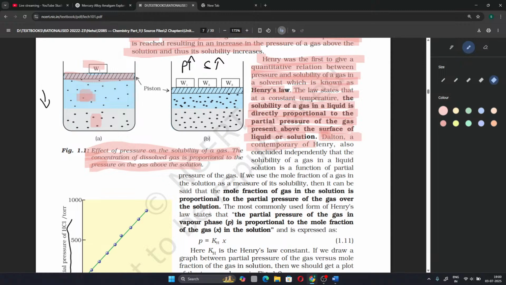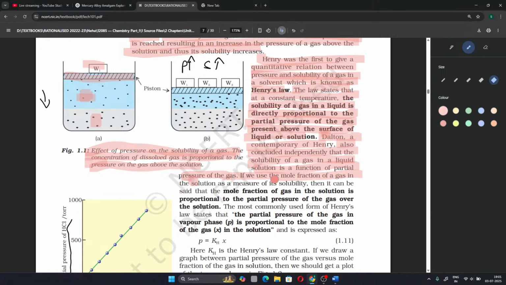Dalton, a contemporary of Henry, also concluded independently that the solubility of a gas in a liquid solution is a function of the partial pressure of the gas. Basically saying the solubility of a gas in a liquid depends on the partial pressure of the gas.